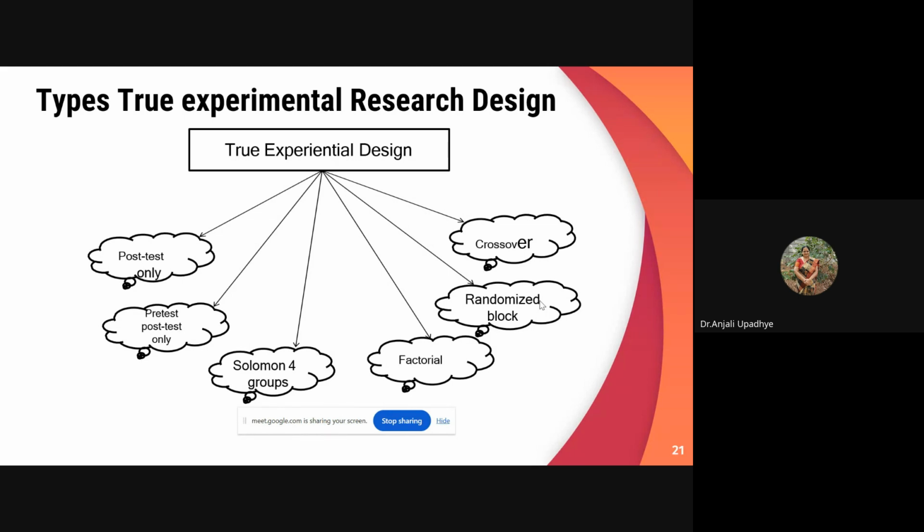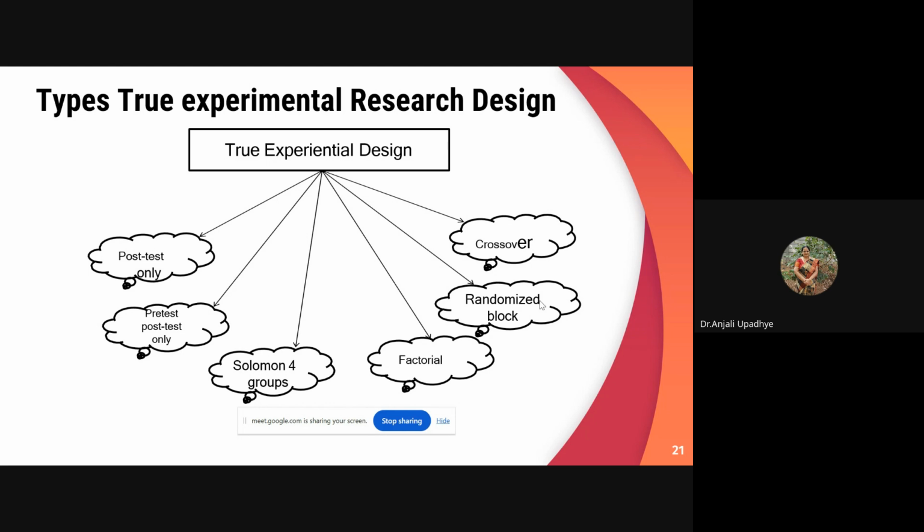Next one, the crossover design. What happens in a crossover design? Suppose there are two groups, one is the experimental group and the other is the control group. Drug A is given to the experimental group, and drug B is given to the control group.